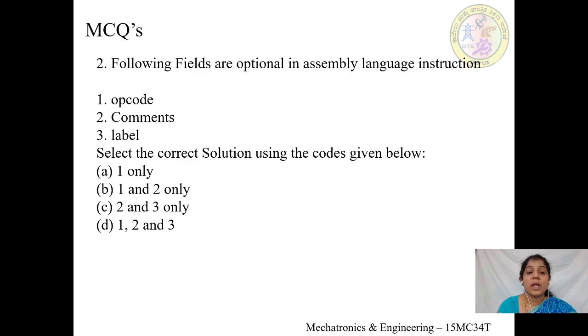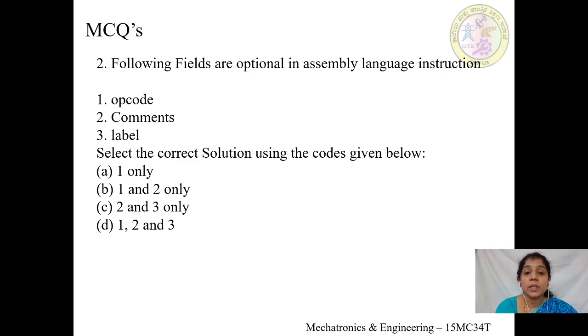Next question. Following fields are optional in assembly language instruction. First one opcode, second one comments, third one label. Select the correct solution using the codes given below. Option A 1 only, option B 1 and 2 only, option C 2 and 3 only, option D 1, 2 and 3.